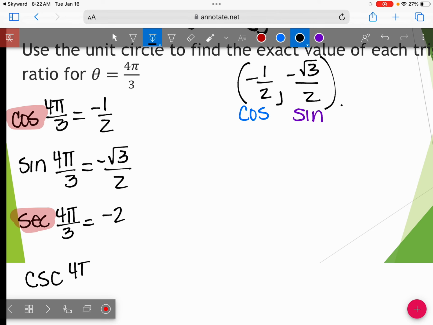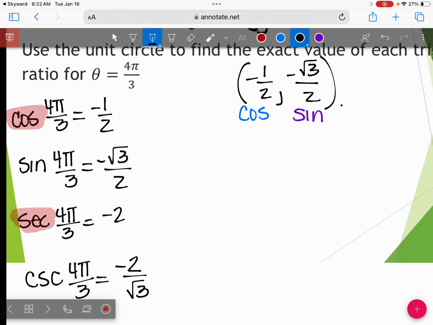So cosecant of 4 pi over 3, you need to flip sine. And when you flip sine, you get -2 over √3. But we have a red flag. And what is the red flag? Square root in your denominator.